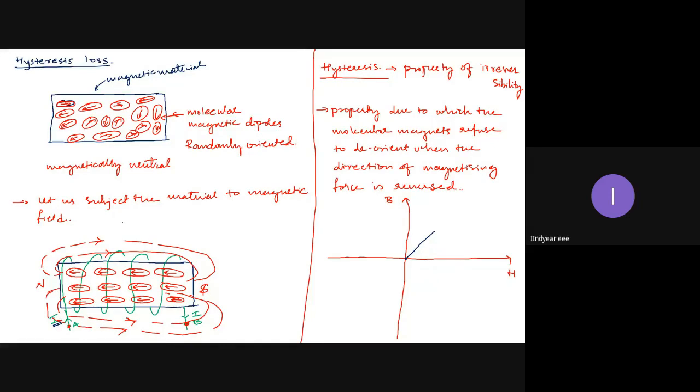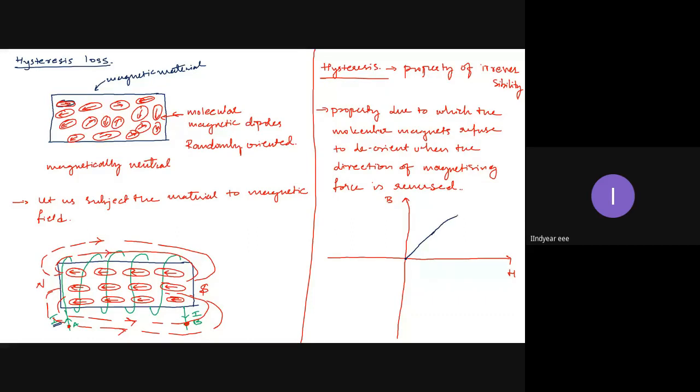But after a while, the majority of the molecular magnets are oriented. A minority of the molecular magnets are still to be oriented. So the variation of magnetic field will not be linear, it will start flattening.